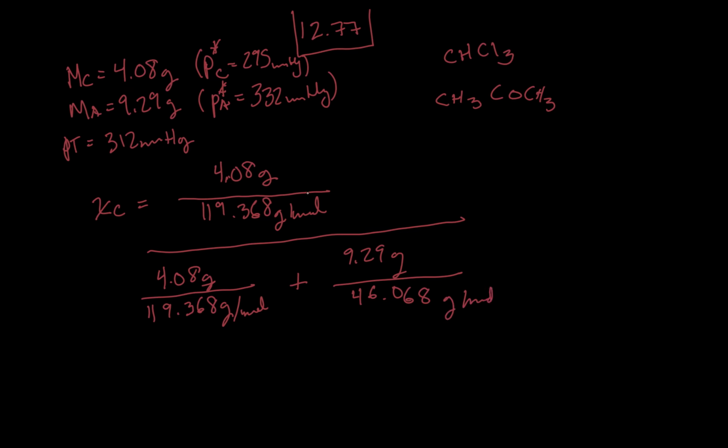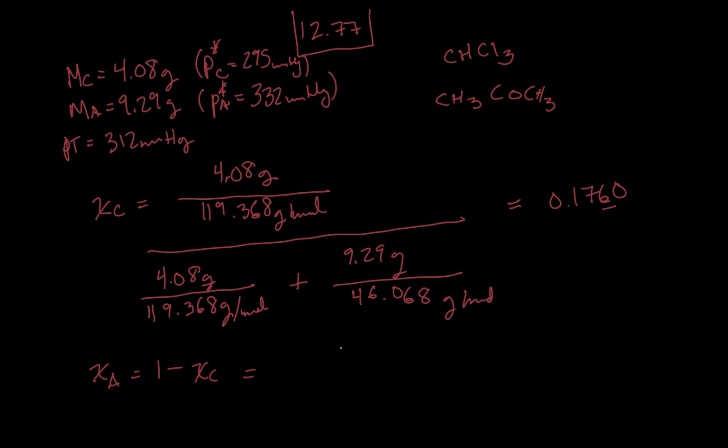So that's going to give us our mole fraction of chloroform, which I did calculate beforehand, and it was 0.1760. It's good to keep track of these things. We've got 3 significant figures for all of our values over here. Keep track of where you're at. The mole fraction of acetone, because we've only got 2 components, is equal to 1 minus the mole fraction of chloroform.